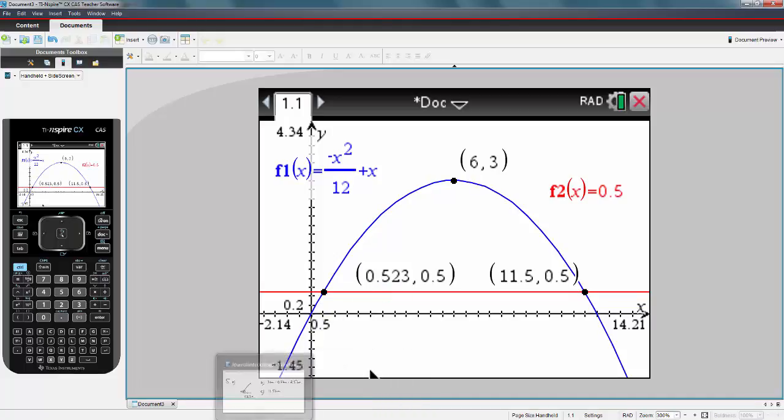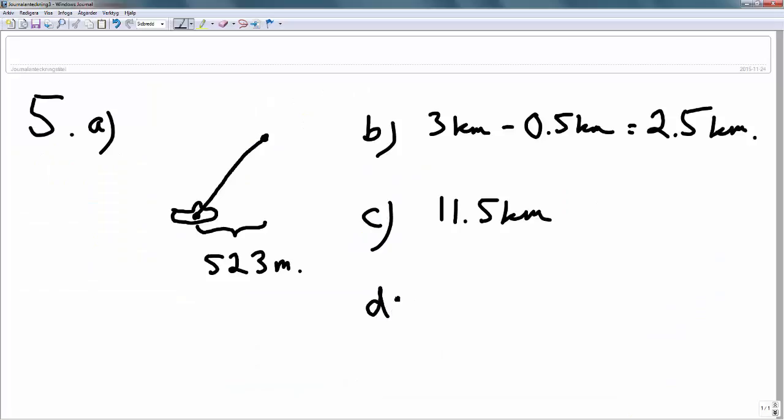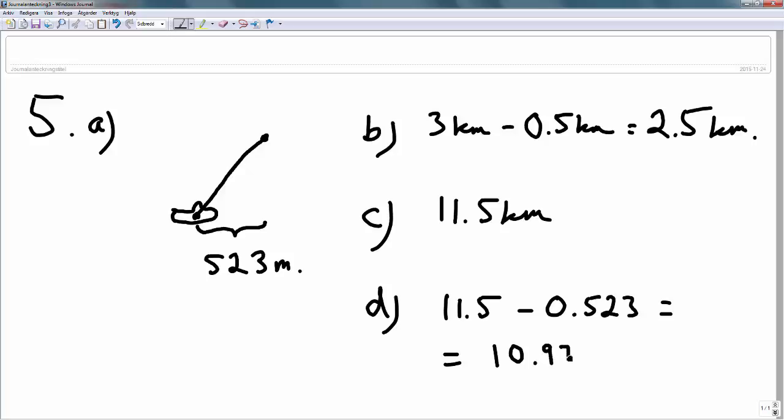So on question number D, it's going to be 11.5 minus 0.523 is equal to, we can just pretend that this is 0.5, then it's going to be 11.0, and then minus 23. So it's going to be 10.977 kilometers.